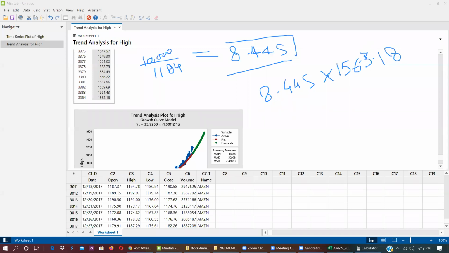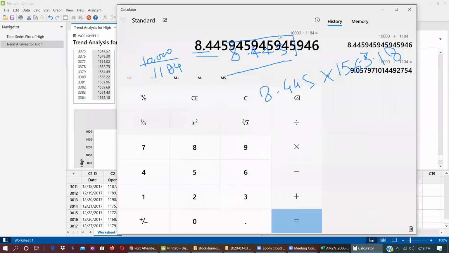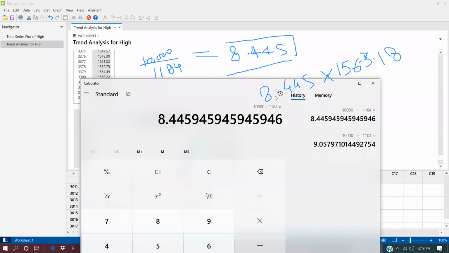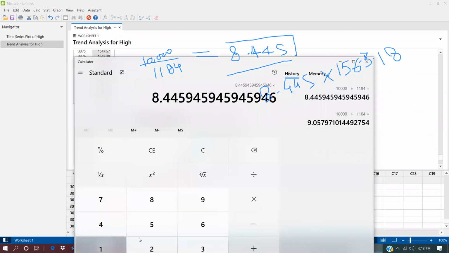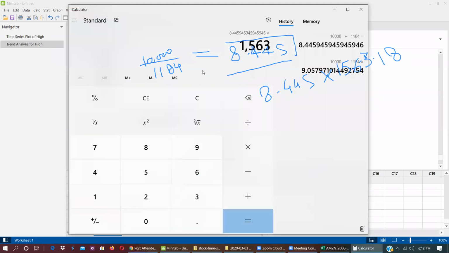That means if I calculate this, it is 11563.18.